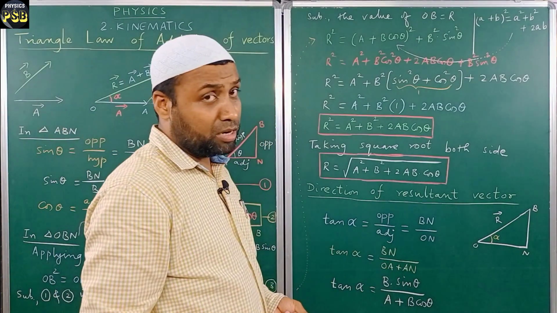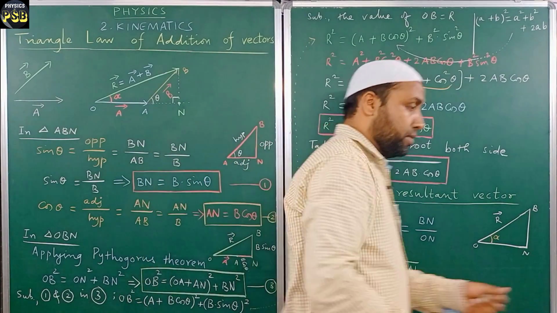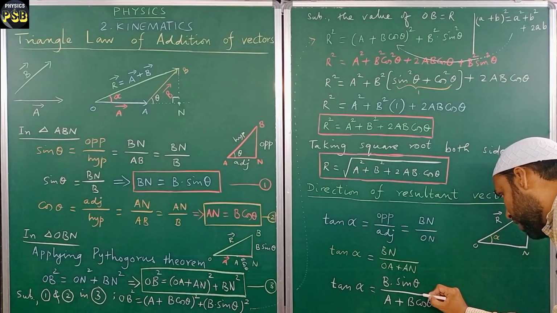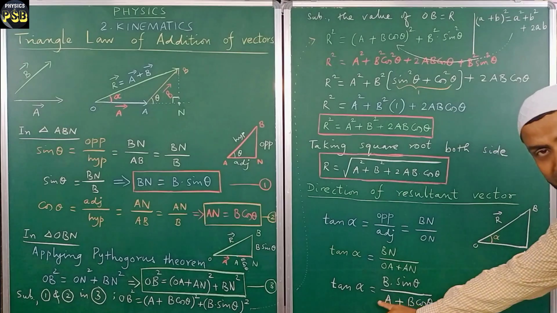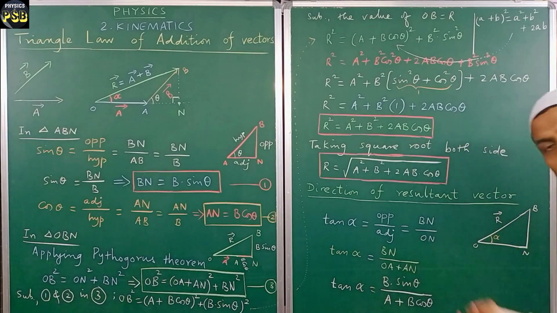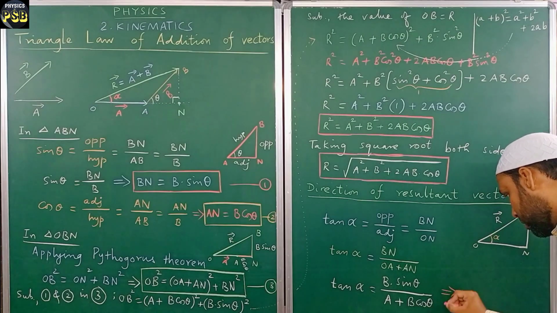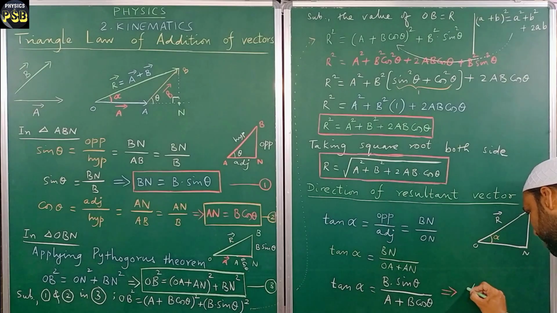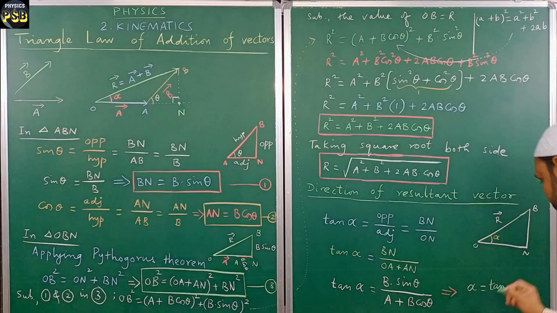Then my aim is to get the value of alpha, isn't it? So to get the value of alpha, I keep alpha here as such, and tan is taken to the other side. When tan is taken to the other side, it becomes tan inverse.